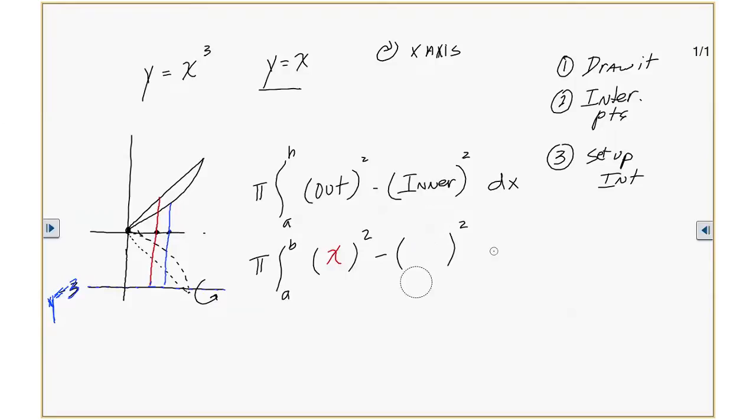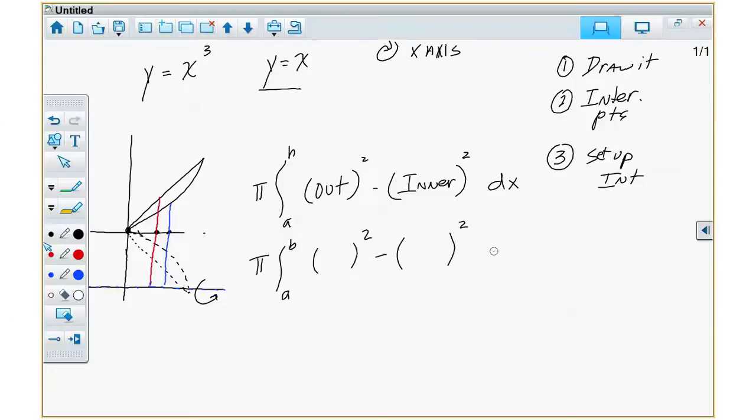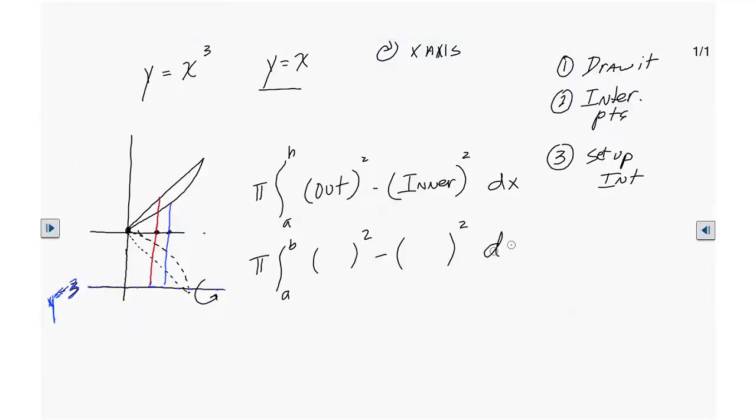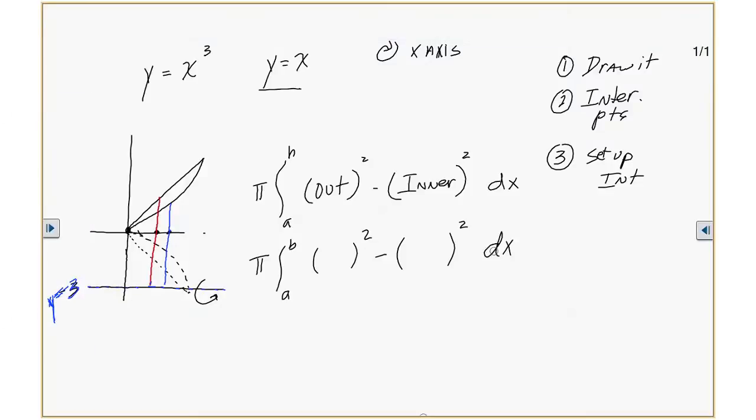That's going to change, and that's going to change. And that's why the graph is so important. The graph is very important.